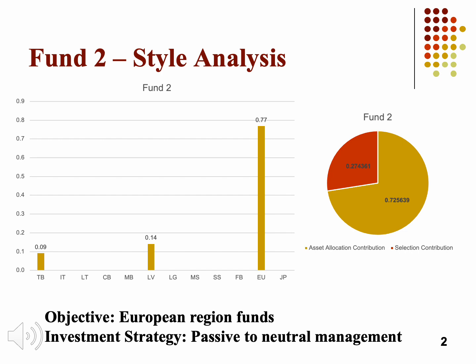If we look at the asset allocation contribution, it is around 0.7256, and the selection contribution for Fund 2 is 0.2743.